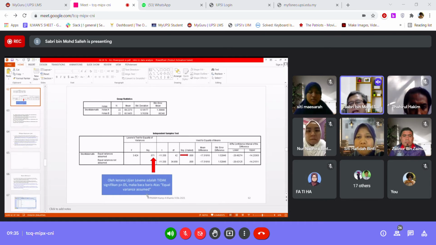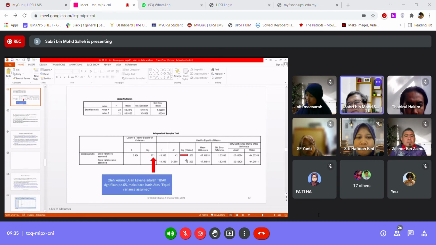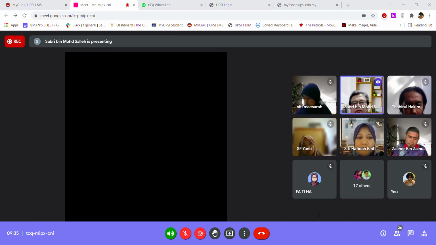Kalau susah nak ingat lah, signifikan baca bawah, tak signifikan baca atas. Okay? Tapi masih lagi two tail. Ini tak ada cerita one tail. We are not doing a one tail test.